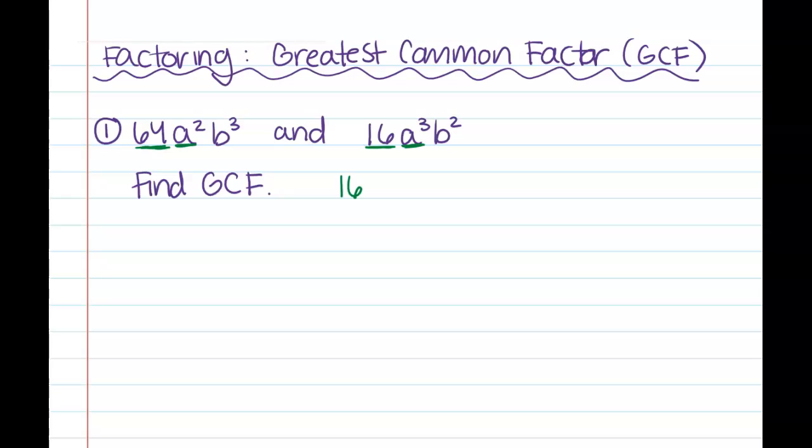So the largest we can take out of both is a squared, because a squared divided by a squared is 1, and a cubed divided by a squared is a. If you tried to take out an a cubed, as soon as we get negative exponents, it's not what we want. Then for our b's, the greatest we can divide both by is b squared.